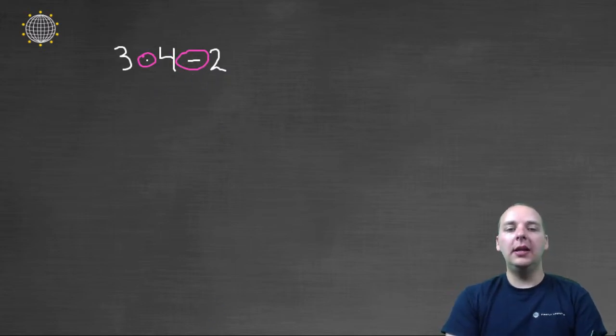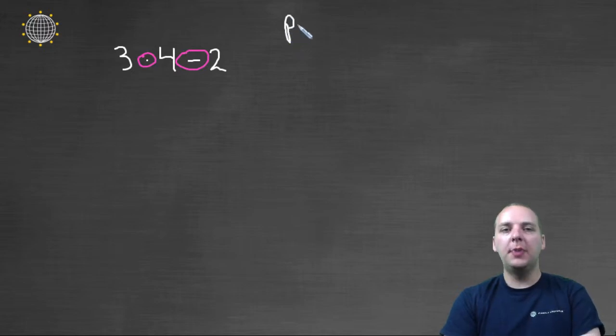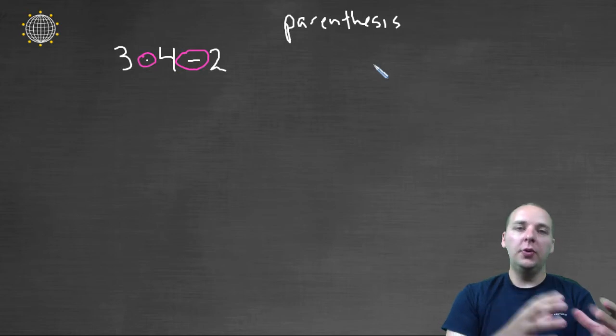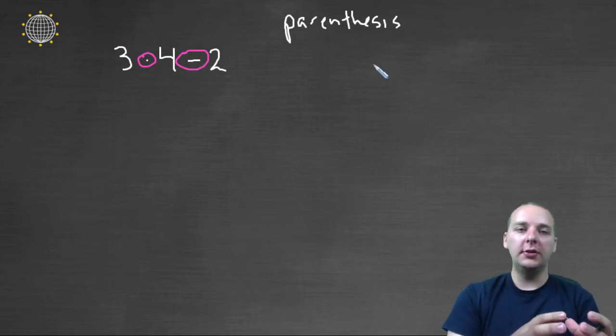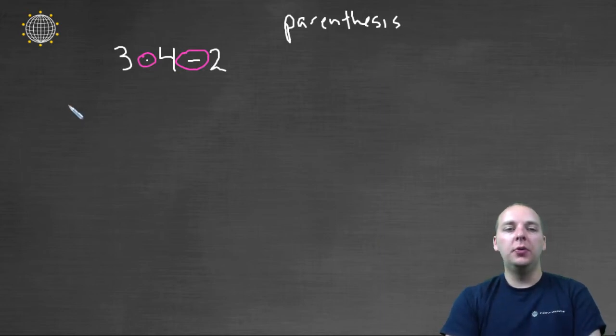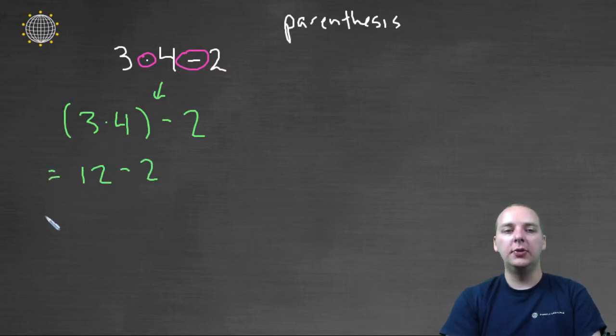So one way we could eliminate this confusion is by using parentheses very heavily. If we applied parentheses, we would group two of the numbers together to be done first, and then we would apply the other operation afterwards. So for instance, if you said parentheses 3 times 4 and then subtract 2, this would be very clear to somebody reading your work that you obviously mean 12 minus 2, which would give you 10 as an answer.